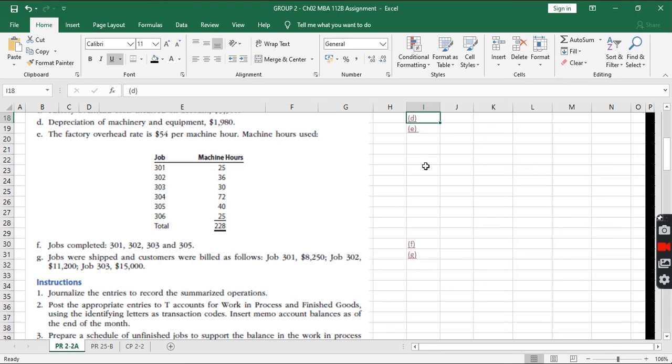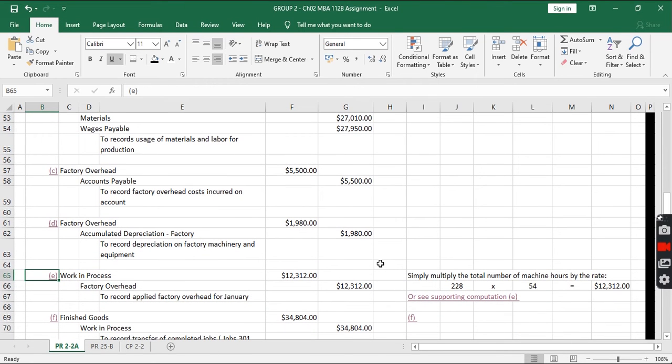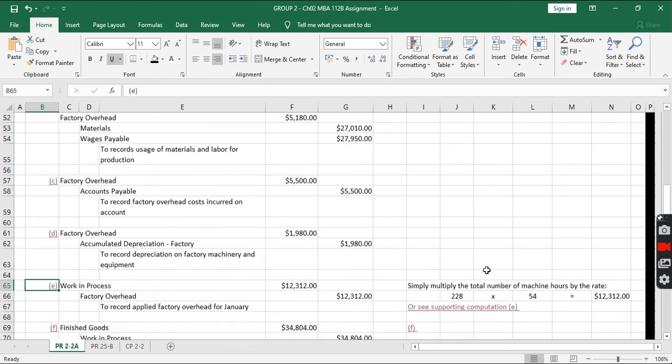For this one, this is what I mentioned a while ago for factory overhead applied, which should be debited to work in process inventory and credited to factory overhead. For this, we can simply multiply the total number of machine hours used, which is 228, by our rate per hour, which should give us a total of 12,312.